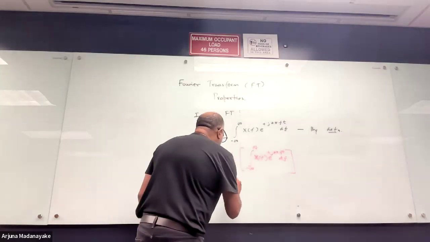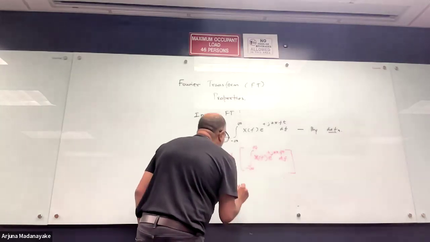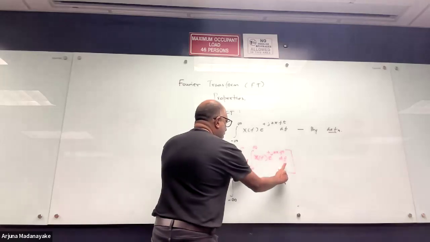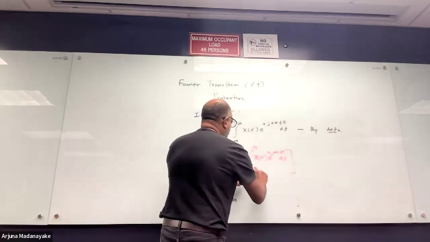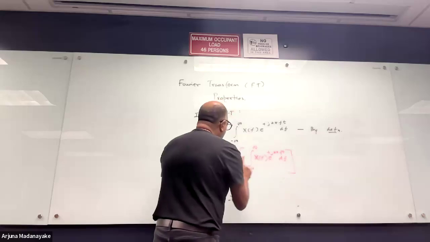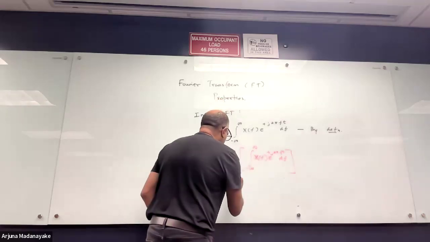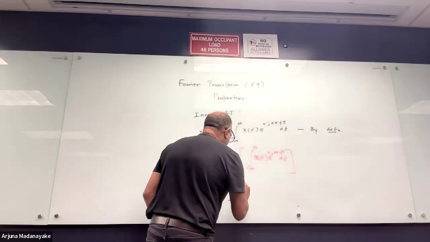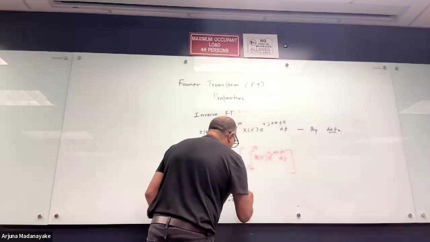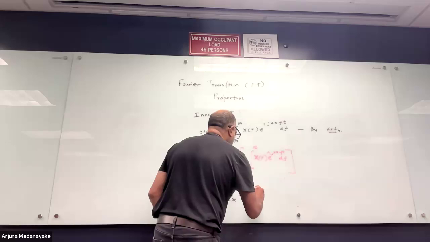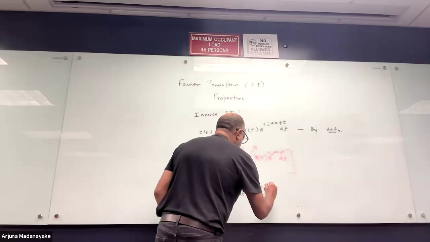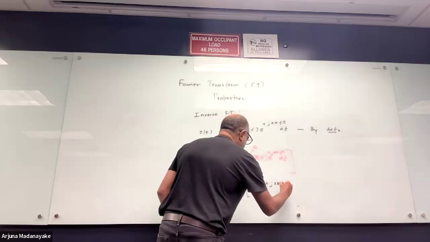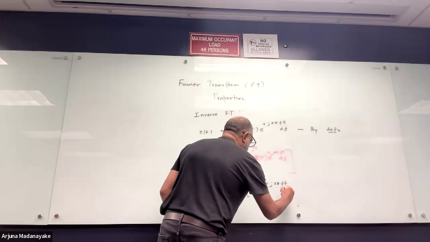Because this integral is not a function of t, but only an integral of f, I can bring this operator inside. I'm going to go d over dt of X of f e to the plus j 2 pi f t df.